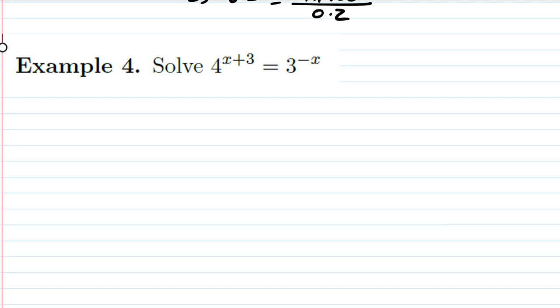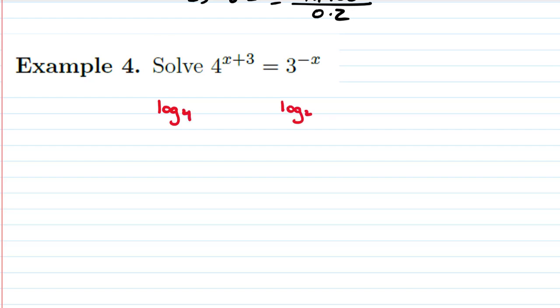So now we just need to choose an inverse to use on either side. This is personal preference. I prefer to pick the logarithmic base of the exponent that seems more complicated. So in this case, I think x plus 3 is a little bit more complicated than negative x, so I'm going to use the logarithm base 4 on both sides.